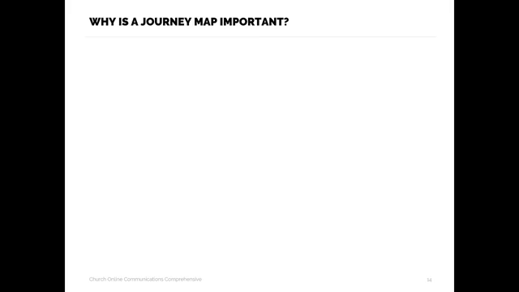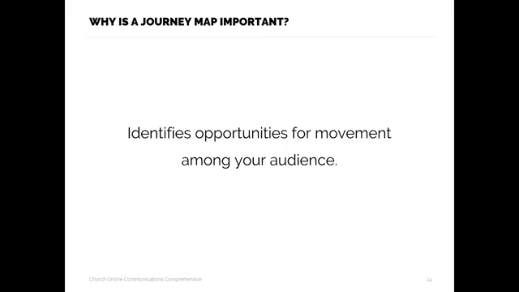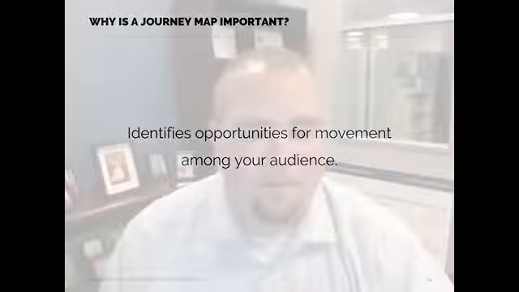So lastly, it identifies opportunities for movement among your audience. You don't want to leave the final step as people becoming members of your church. Members in name only. If they just join the roster but you don't see them come back, they're not where you want them to be. They're not where it's best for their spiritual growth.